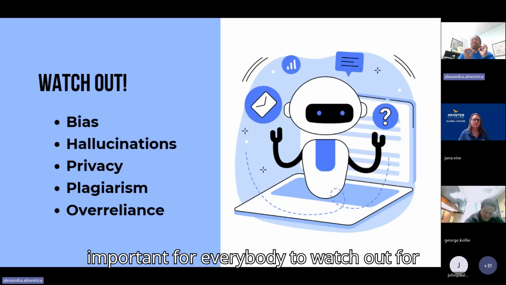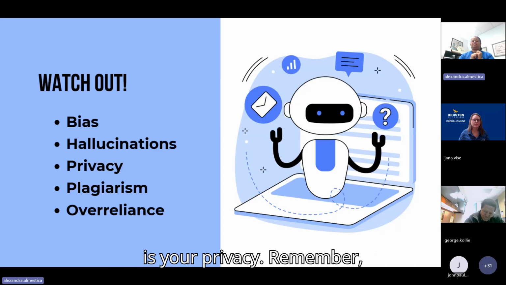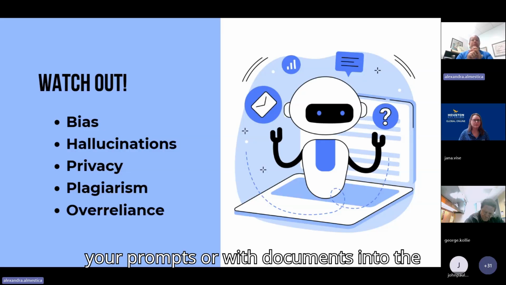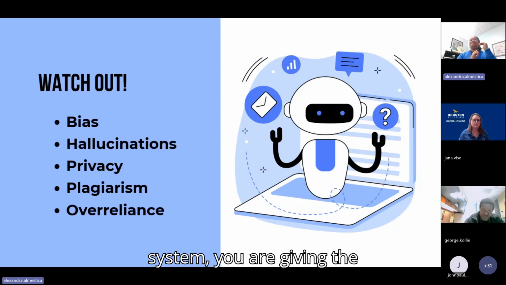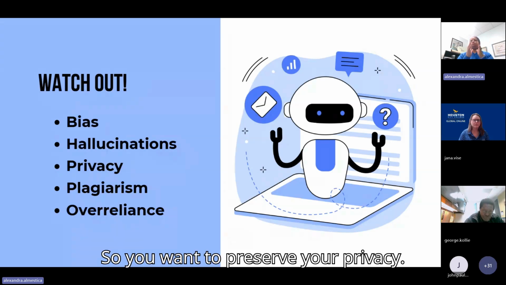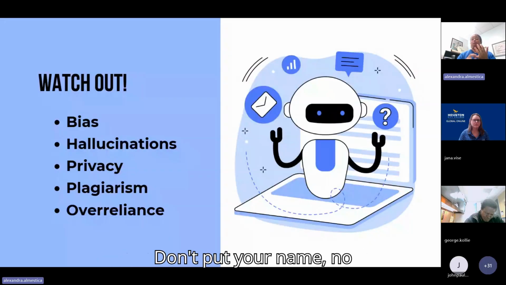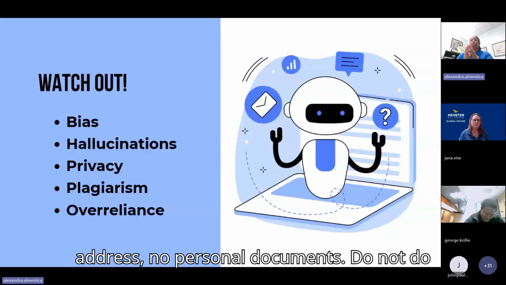One thing that is important for everybody to watch out for is your privacy. Remember, when you upload data with your prompts or with documents into the system, you are giving the system material to use. So you want to preserve your privacy. Don't put your name, no address, no personal documents. Do not do that.